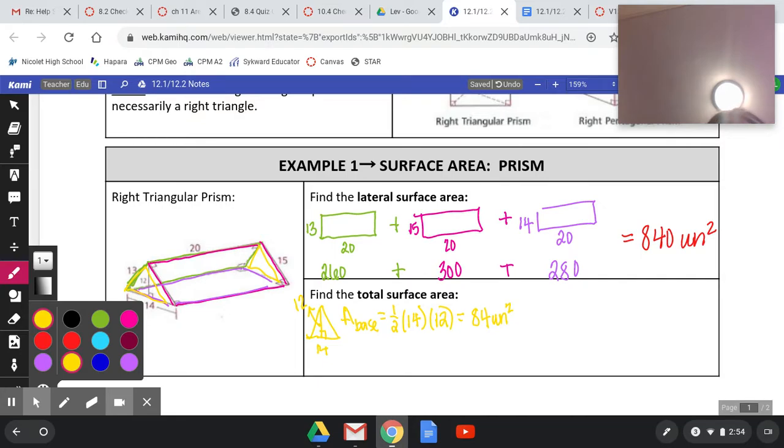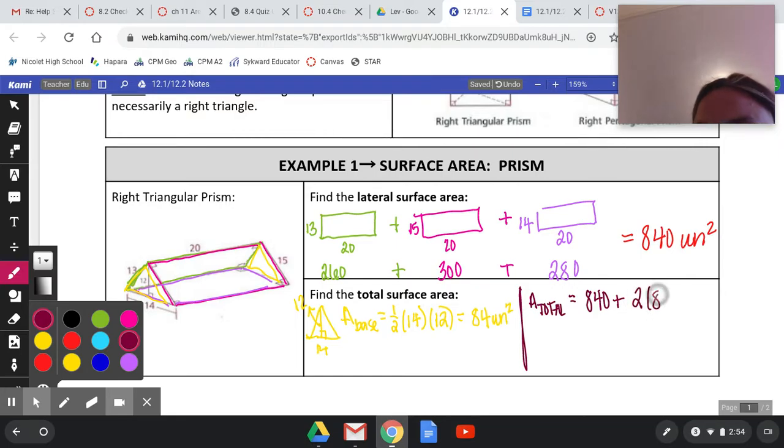Next, to find the total surface area, I'll split this right over here. So my total surface area would be my lateral surface area, which is 840, plus the area of my base times 2.